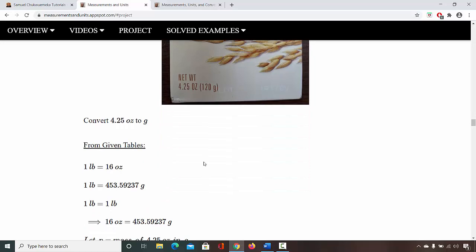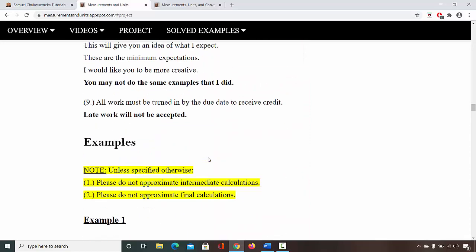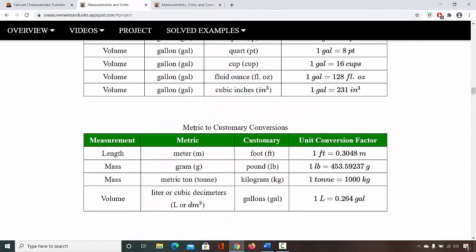When you look at this table, metric to customary conversion, ounce to gram or gram to ounce, it could be either way. Is there any direct conversion in the table you gave them? I don't see it here. There is no direct conversion from ounce to gram or from gram to ounce.